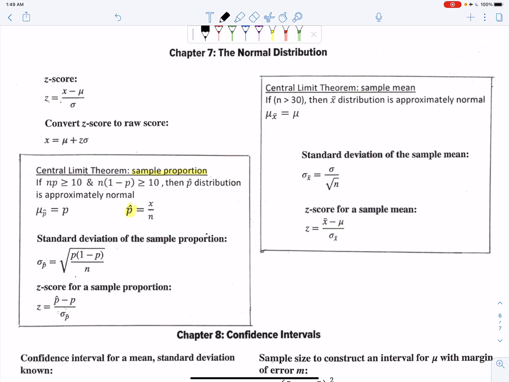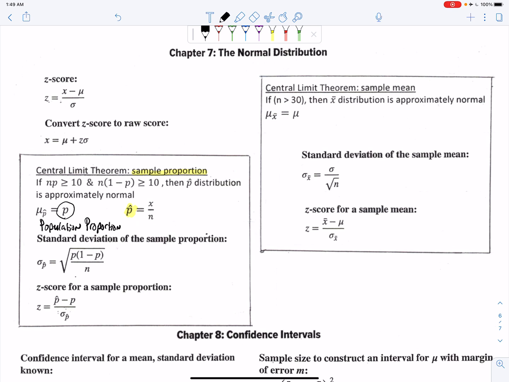Now when we just had a p right here, this was the population proportion. So P is a population proportion, and P hat, with that tiny little crown like a hat, I guess, is the symbol or the variable that we use that represents the sample proportion.